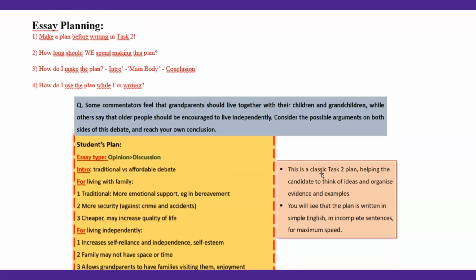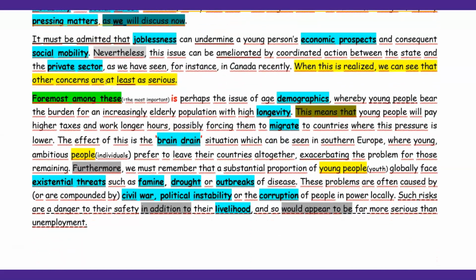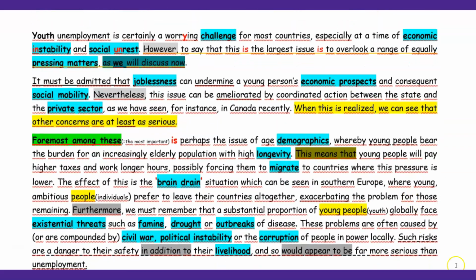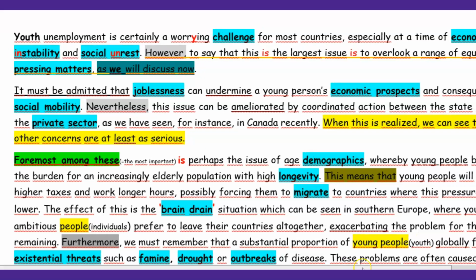Before analyzing our essay, please take a look at our previous videos on how to make an essay plan. Essay planning is pretty important. You have to learn how to plan an essay, okay? Now we are going to analyze a band 9 model essay, okay? We are going to start now.